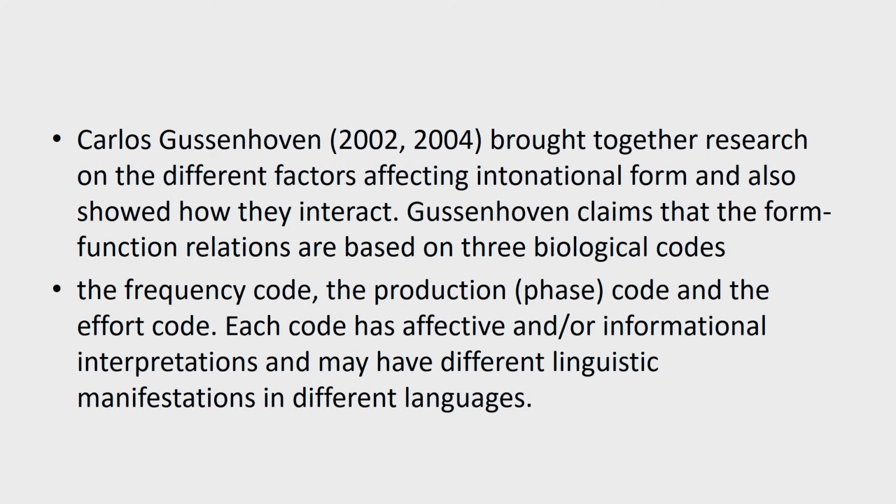So we often find a grammaticalization of the frequency code, and however we also have different ways of interpreting the frequency code, because there are languages which do not use the rising tone sometimes.